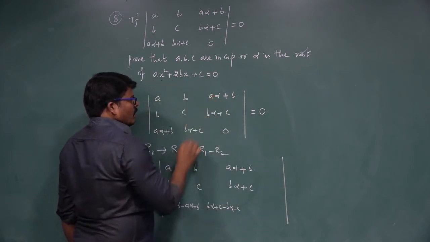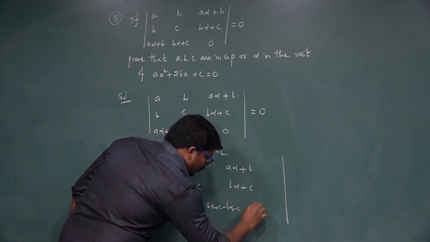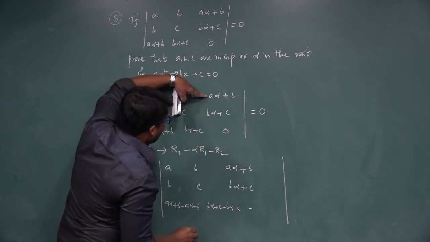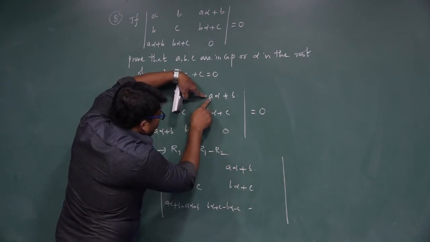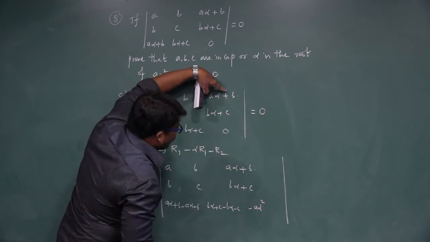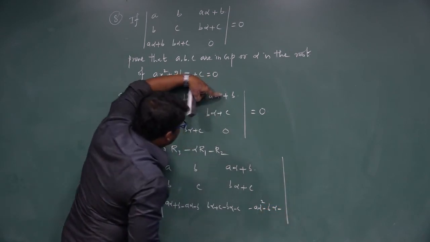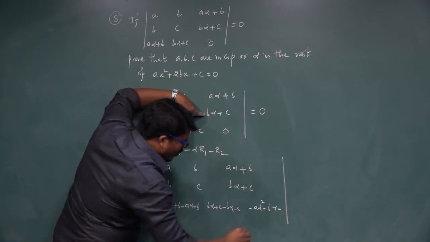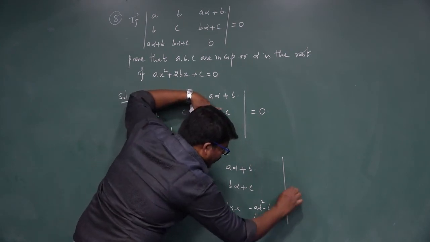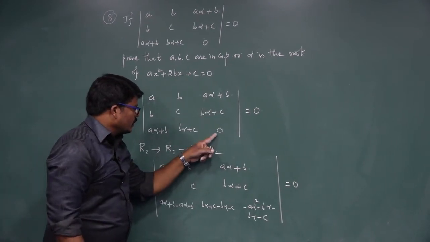R3 minus alpha times R1: A alpha square, next one minus B alpha minus B alpha, that is minus B alpha minus C equal to 0. That is the third row.